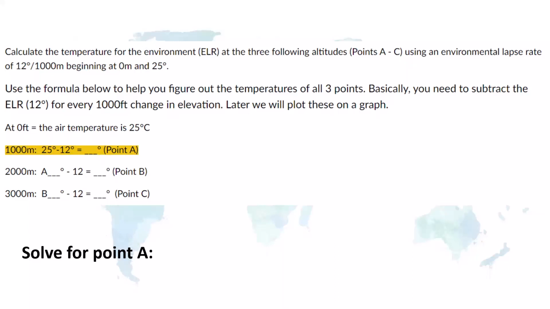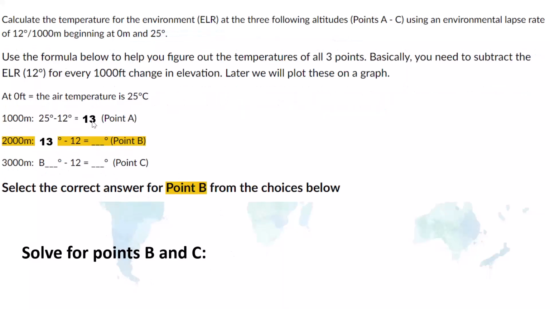You might be surprised at how simple this actually is. But you're right, it is 25 minus 12 degrees. So solving for point A is going to give us 13 degrees.